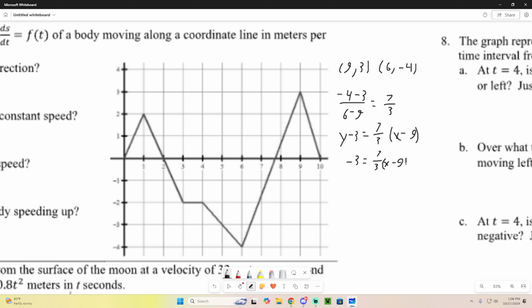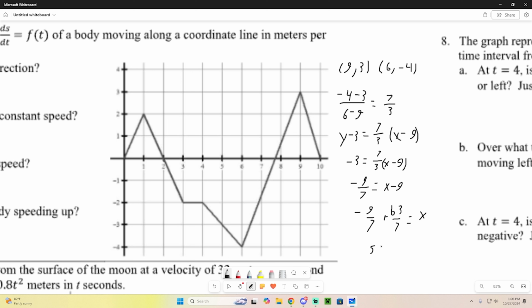Divide both sides by 7/3. We get negative 9/7 equals x minus 9. Then we add 9 to both sides: negative 9/7 plus 9, which we put over 7. 9 times 7 is 63, so 63 over 7, and 63 minus 9 is 54.